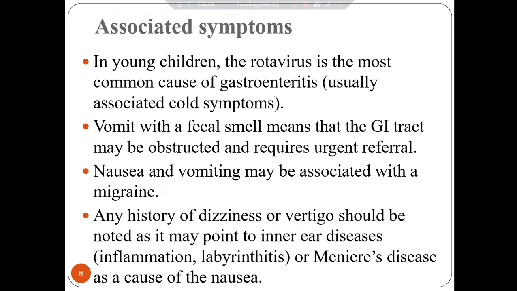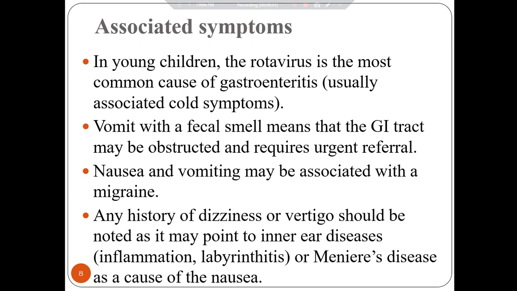Nausea and vomiting may also be associated with migraine. Any history of dizziness or vertigo should also be noted, as it may point to inner ear diseases such as labyrinthitis and Meniere's disease.